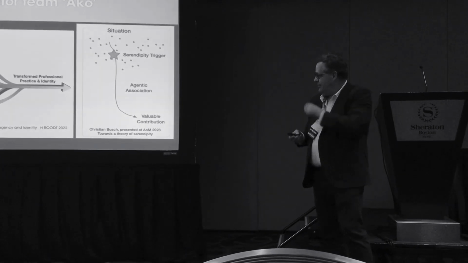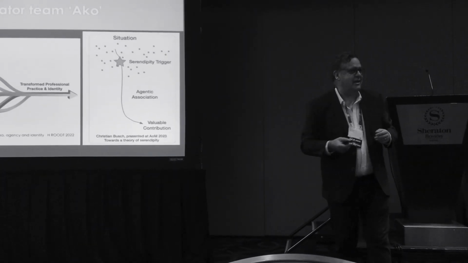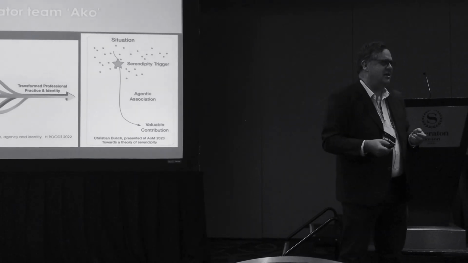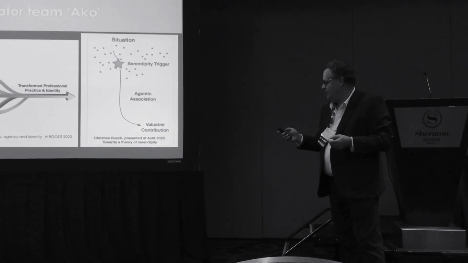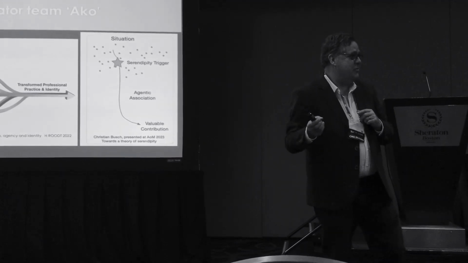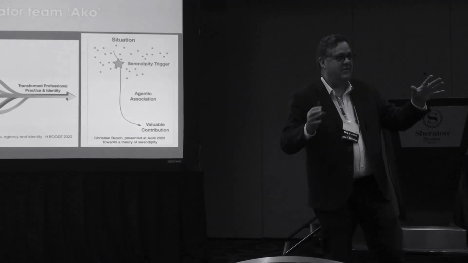Now, yesterday, I was looking at Christian Bush talking about serendipity, and that was fantastic, because I'm like, I should get that into my slideshow, right? Because what is this all about? We're talking about agency. Let me remind you, this is what we're talking about today, is agentic learning, and the different ways that people are seeing it.